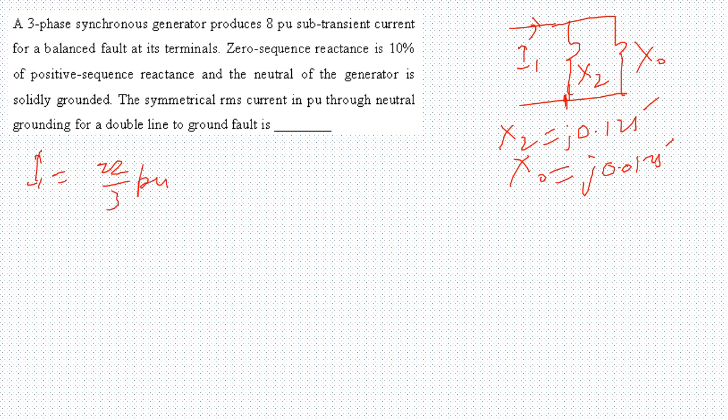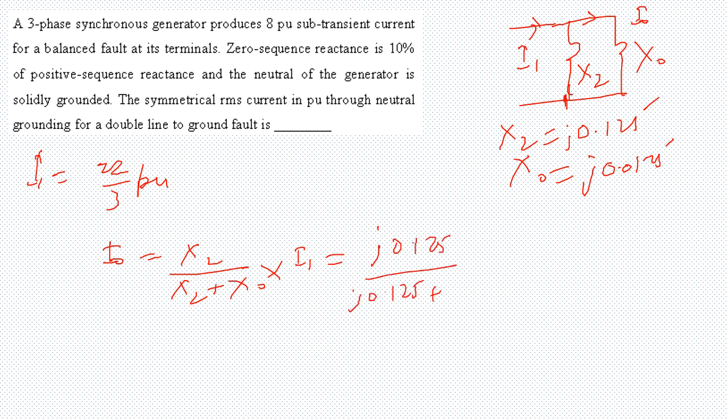So the current I0, by current division rule, is X2 over X2 plus X0 into I1. Placing these values, it will be j 0.125 over j 0.125 plus j 0.0125 into 22 by 3. So I0 comes out as 20 by 3 per unit.